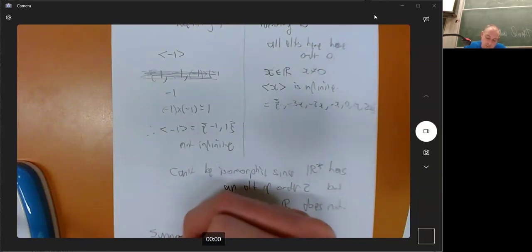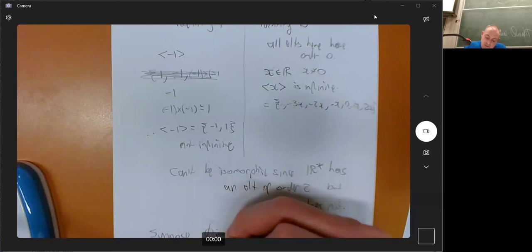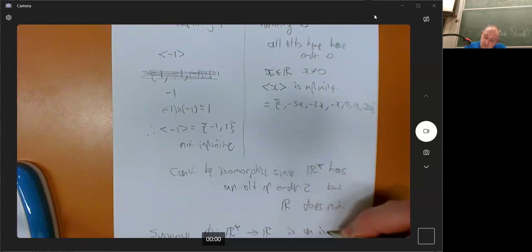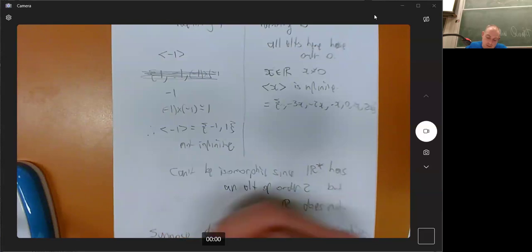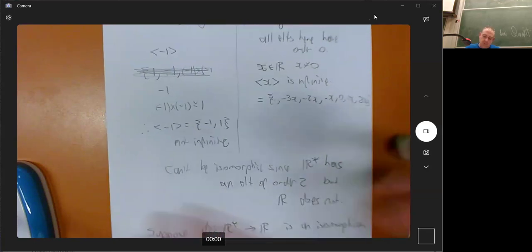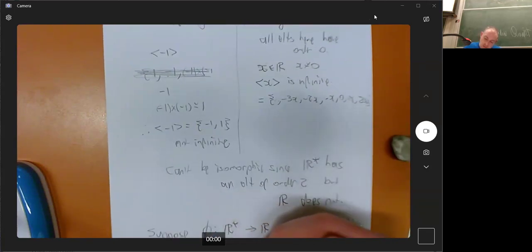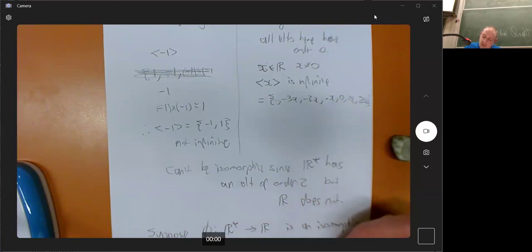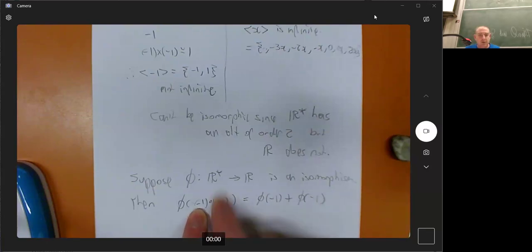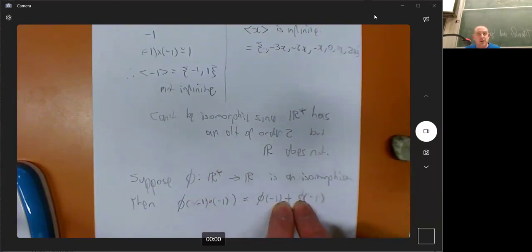Suppose phi, which sends R star to R, is an isomorphism. Then phi of minus 1 times minus 1 would be phi of minus 1 plus phi of minus 1, because multiplication is the operation here and addition is the operation here.